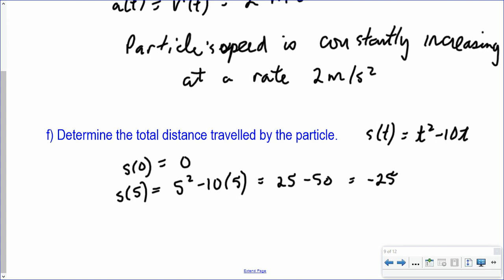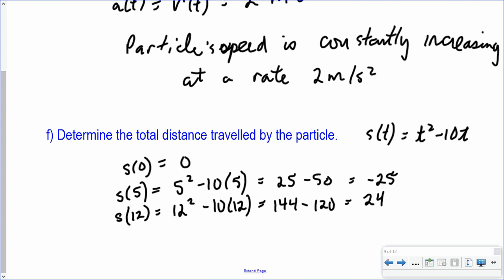So this is the function I'm using. At 5 it goes left, represented with the -25, and then at 5 it stops. And then I need a value at 12, and I'm going to put that into my displacement function. That looks to me like it's 144 minus 120, and that's positive 24.